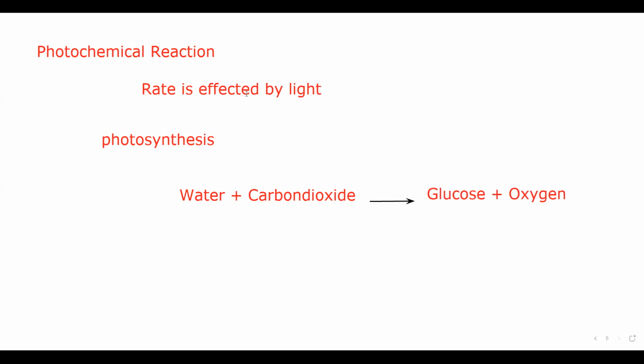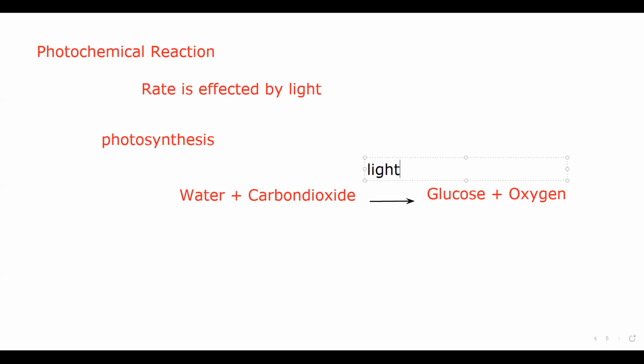If we have more water and carbon dioxide, it means we have more reactant particles, so the reaction should be faster. But in reality, it does not happen like this. Even if we have more water and carbon dioxide, the reaction will not proceed unless we have light. Without light, this reaction cannot occur.